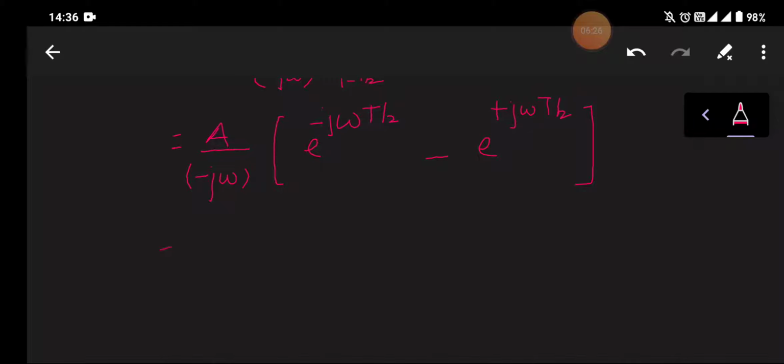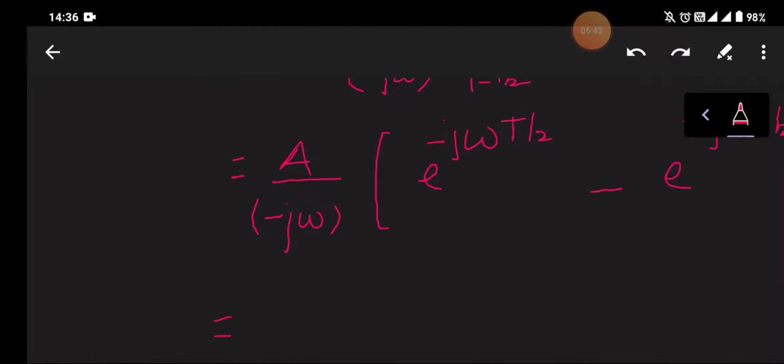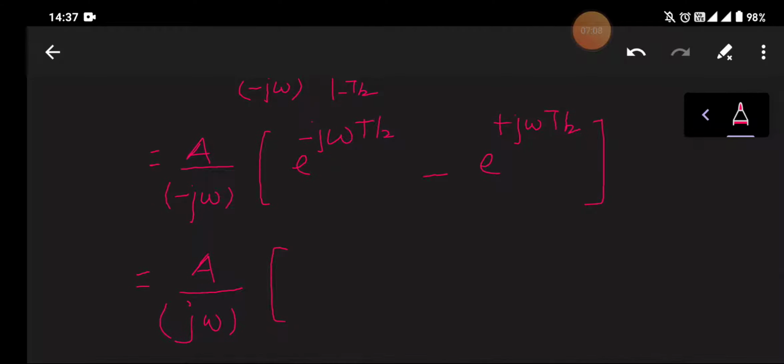Multiplying this minus sign inside, this will be equal to A divided by j omega, and inside the bracket we have e to the power j omega T by 2 minus e to the power minus j omega T by 2.